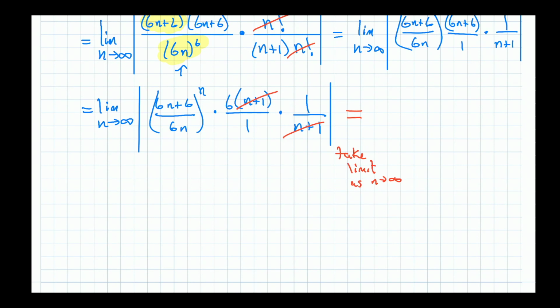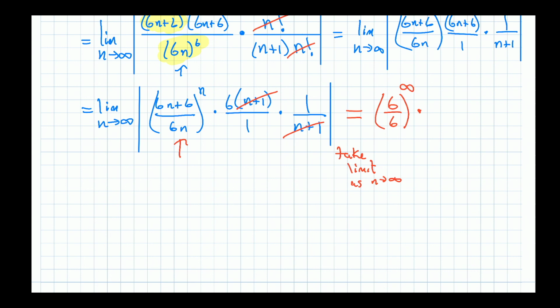So think about how to do this. Right here, 6n plus 6 over 6n. When n goes to infinity, that's going to be 6 over 6, which is 1, to the infinity, which is 1 to the infinity, which is 1.